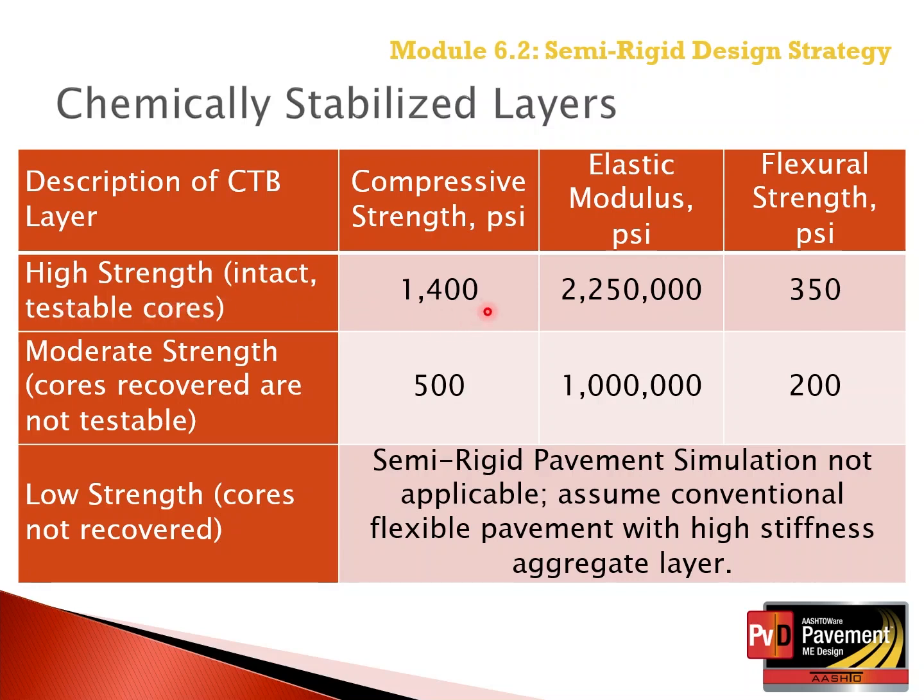The compressive strength on the average, kind of as a default value, would be about 1400 psi. The average default value for an elastic modulus should be above 2 million psi, and an average flexural strength for a default value would be in the range of about 350 to maybe 400 psi.